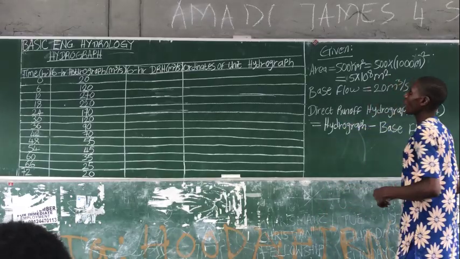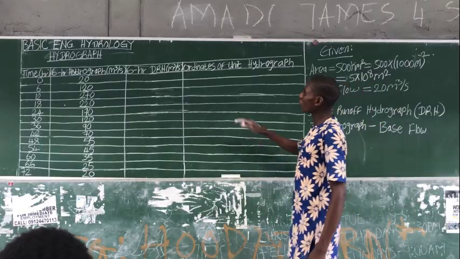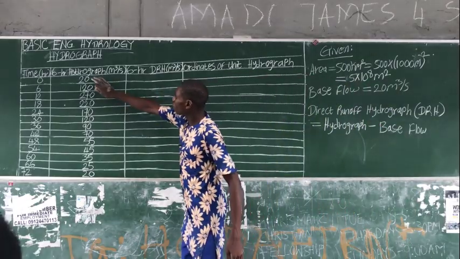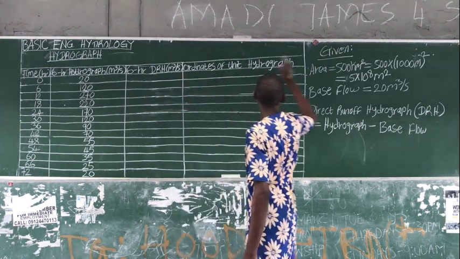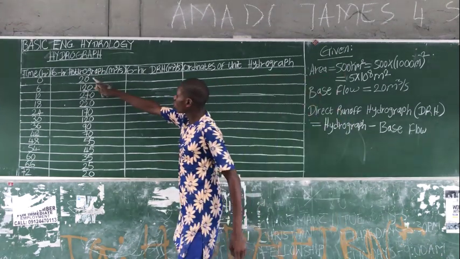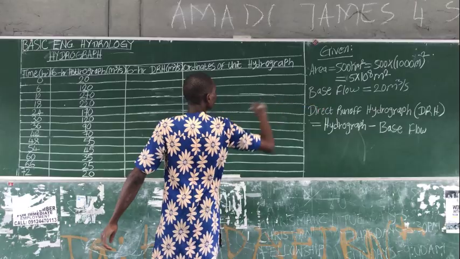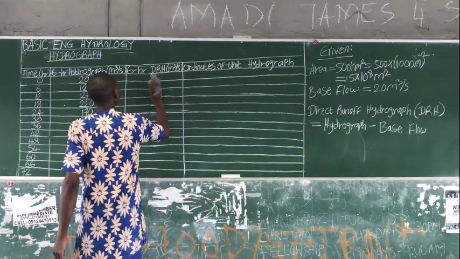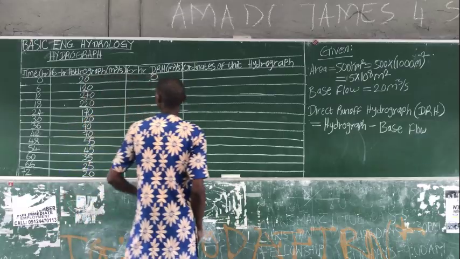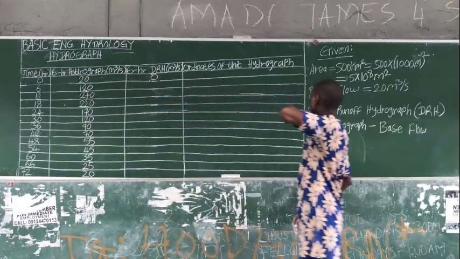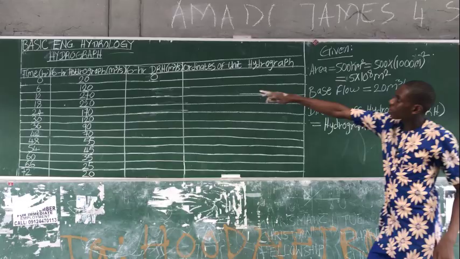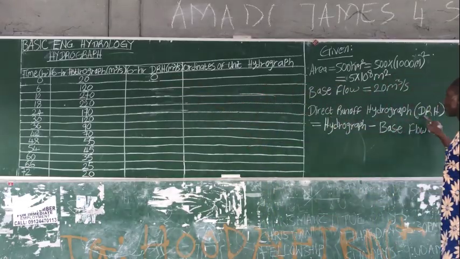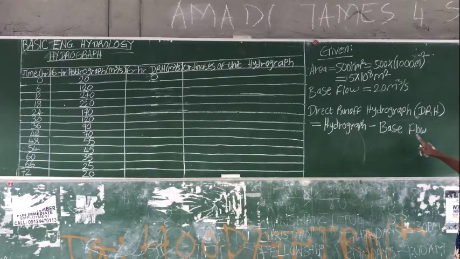Okay, so that's the first thing we get. So computing for our 6-hour direct runoff hydrograph is simply the values in the hydrograph table minus the base flow. So for this, we have 20 minus 20, which our base flow given was 20. So we have this to be 0.